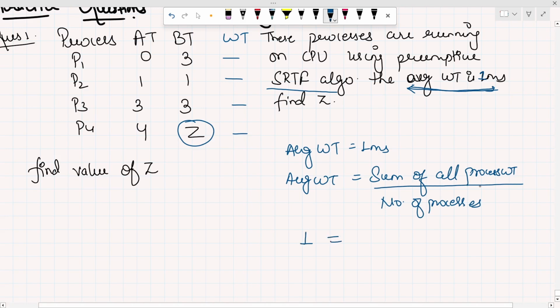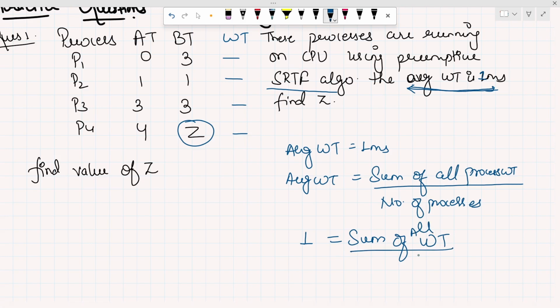The sum of all waiting times is the thing we don't know, so this is what we have to find: the sum of all waiting times divided by the number of processes. We know that in this question we have 4 processes: P1, P2, P3 and P4.